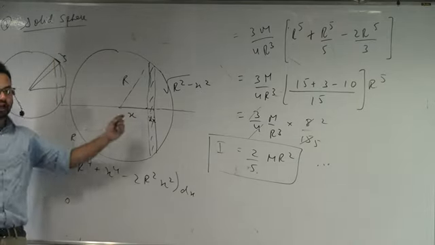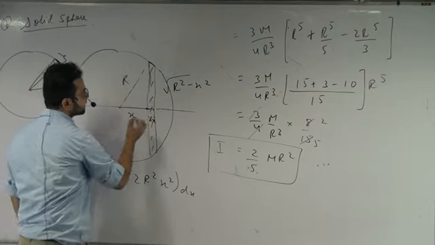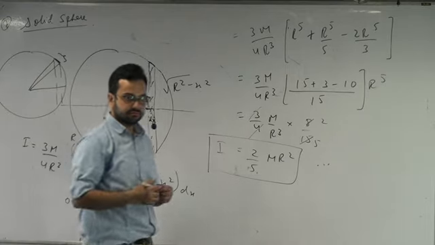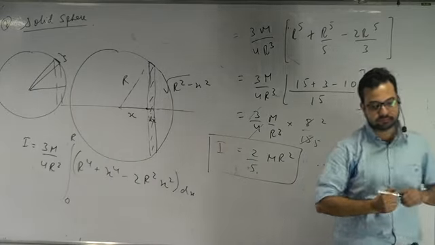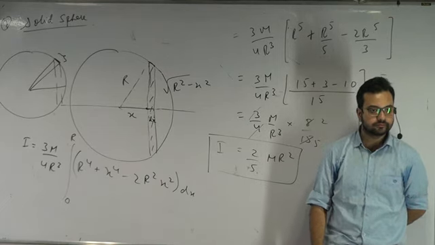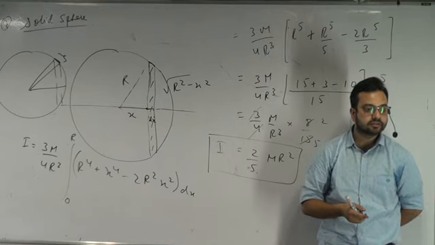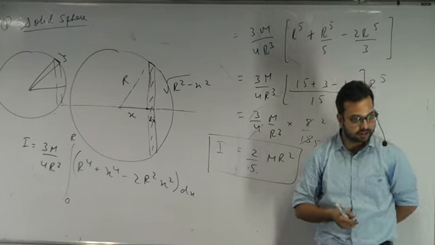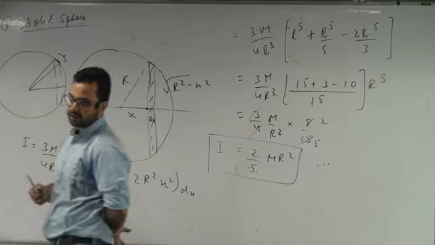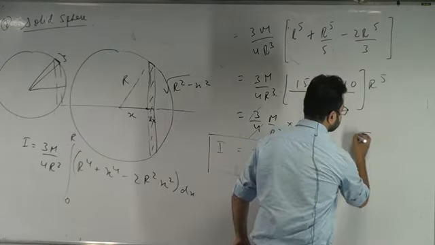If we choose a solid sphere, why haven't we chosen this as the thickness, we have chosen this as the thickness? Speak. Correct. So what you mean is the ring is something like this.